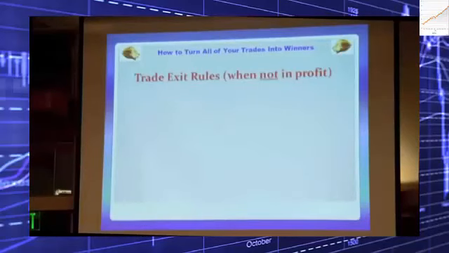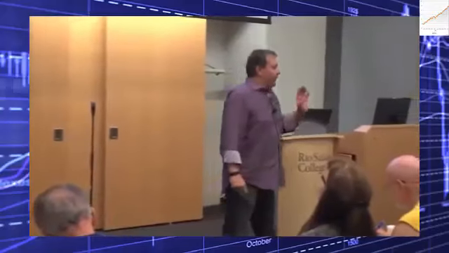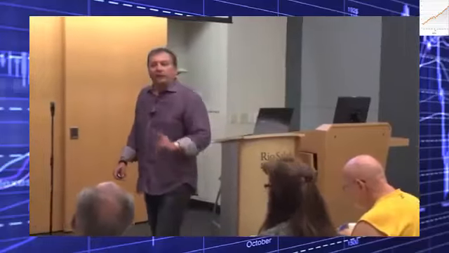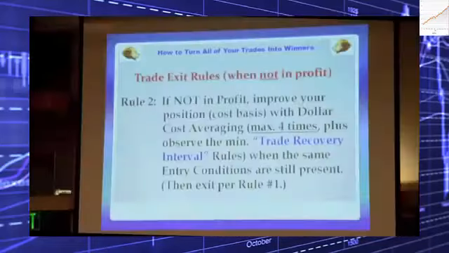Trade exit rules when not in profit. Now, not in profit, there are 2 things. If the market trend is still intact, then you can improve the cost basis, right? Improve your position by dollar cost averaging.